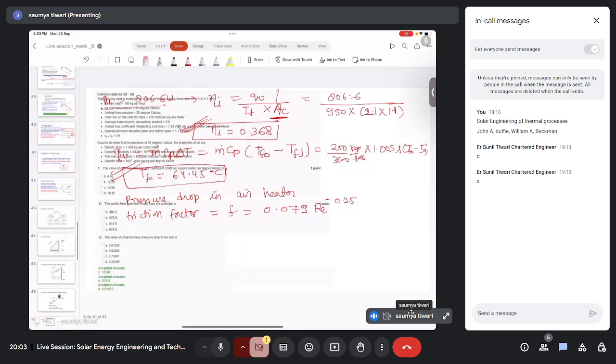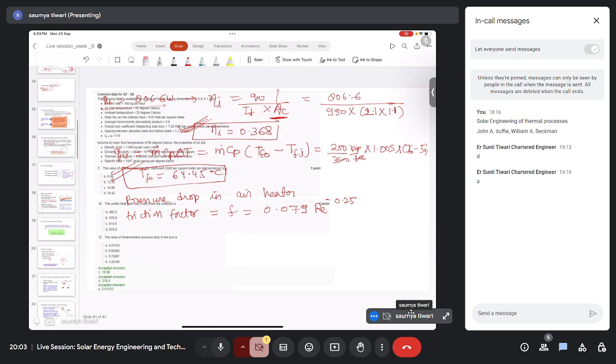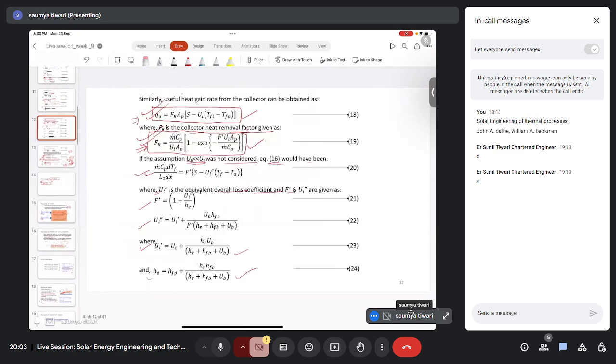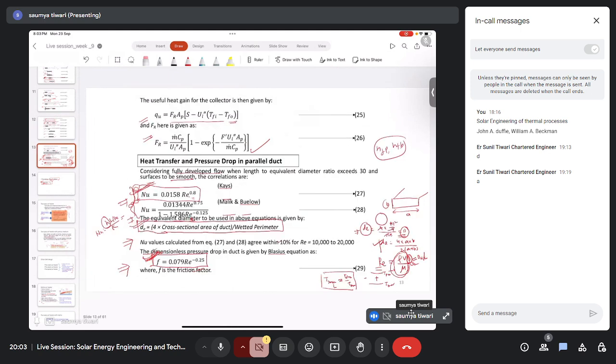Okay, if you want to calculate the pressure drop in a parallel duct for fully developed flow with a smooth surface, we have this Nusselt number formula, and the dimensionless pressure drop in the duct is given by the Blasius equation.